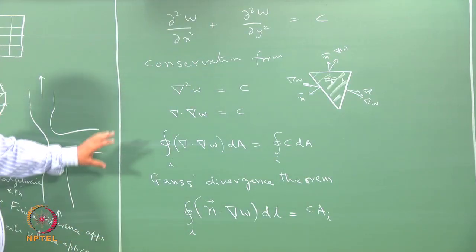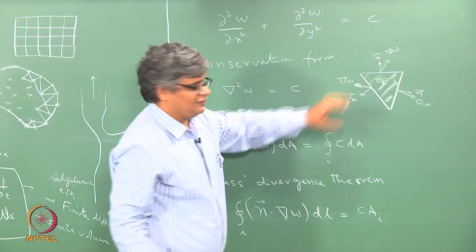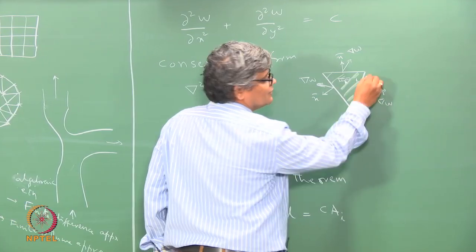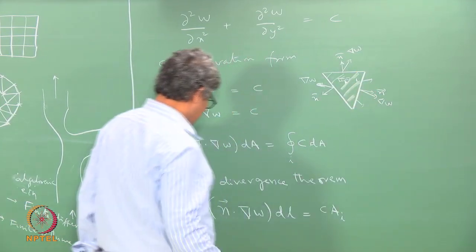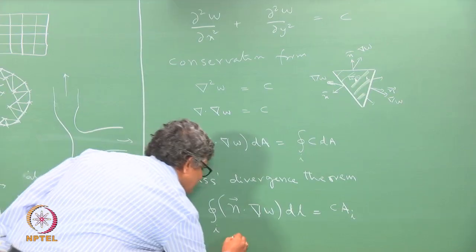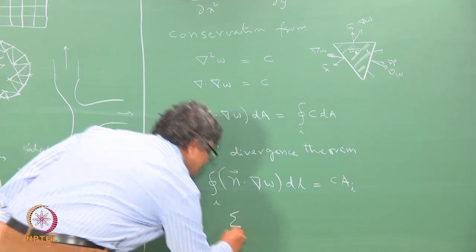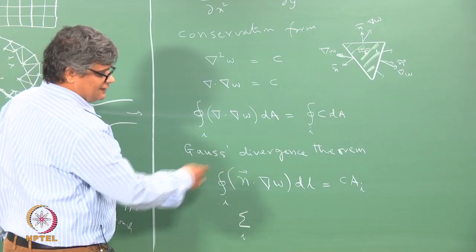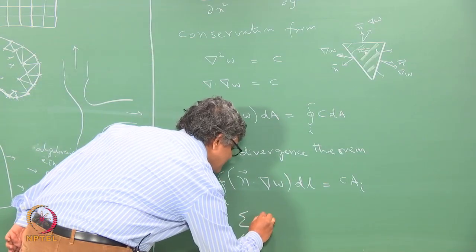So, assuming that the cell is small and the gradient does not change much along the length here, we can discretize this as a sum over all the faces of the triangle.